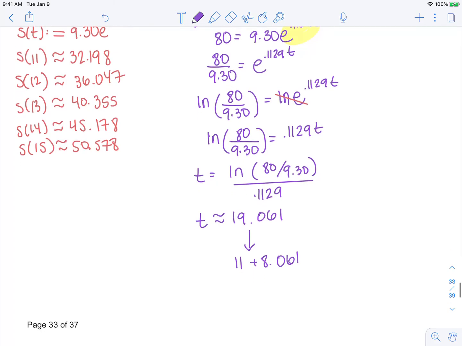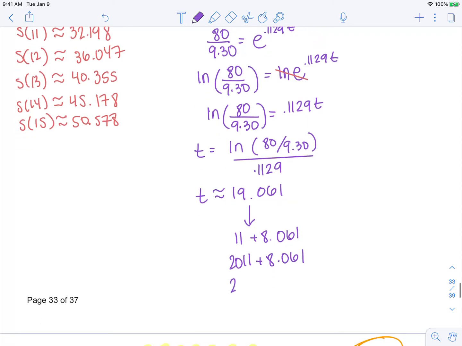So this is 2011 plus 8.061. So plus 8, we have 2019.061.